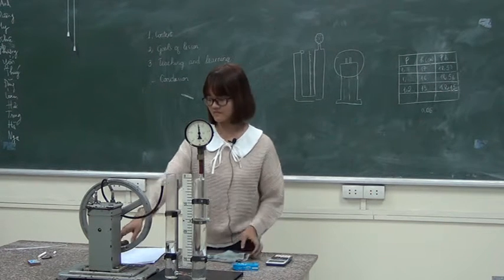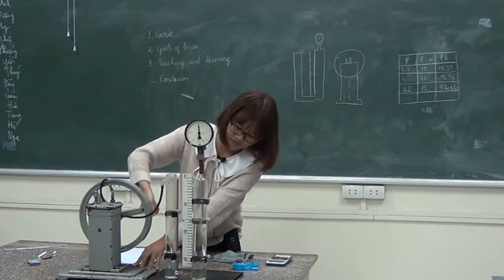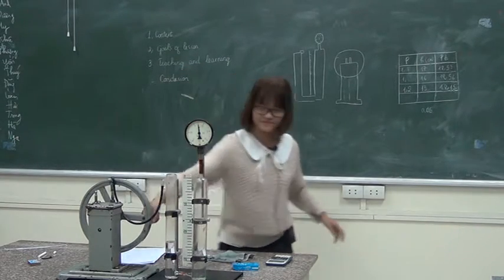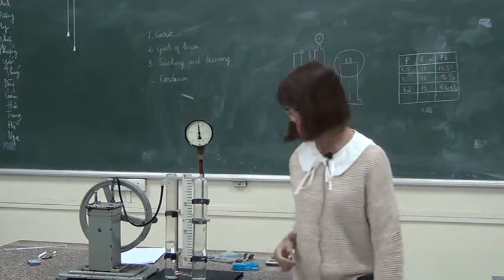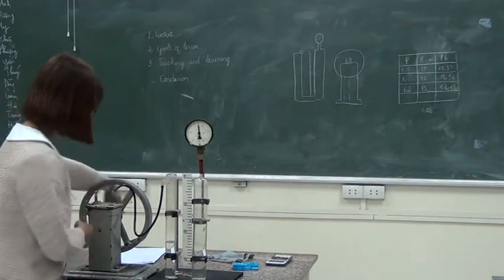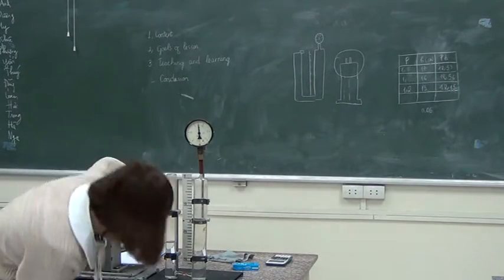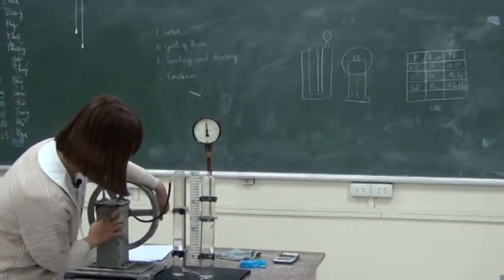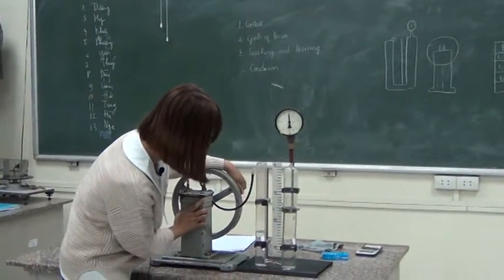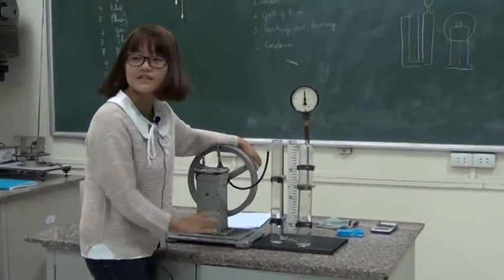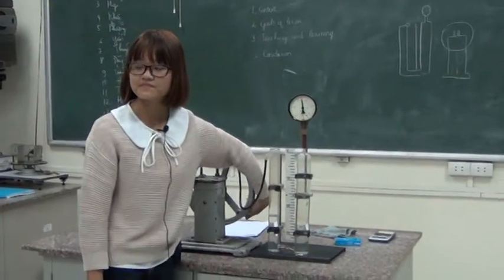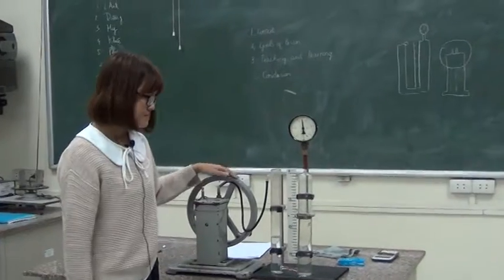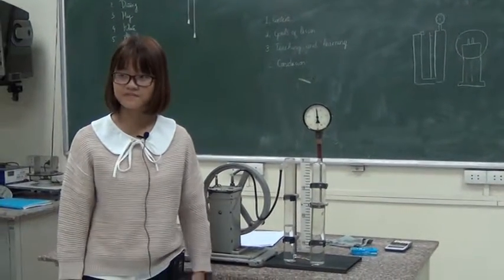Turn a little bit and you see the gradual change in the water surface. Then when it reaches the scale, when it is in parallel to the scale, you read the volume and you read the pressure.